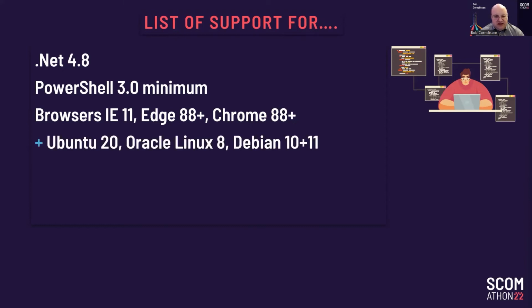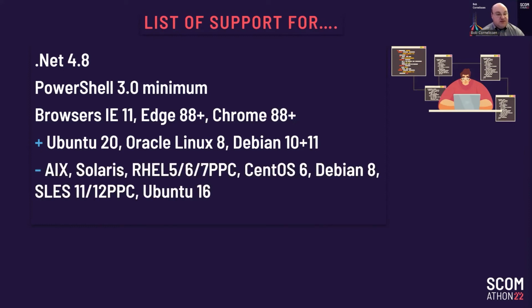For the Linux, Unix agent support, we see some new items got added to the list, such as Ubuntu 20, Oracle Linux 8, and Debian 10 and 11. We also see a lot of items disappearing from the list. This has to do with the vendors of those distributions ending mainstream support for those versions.